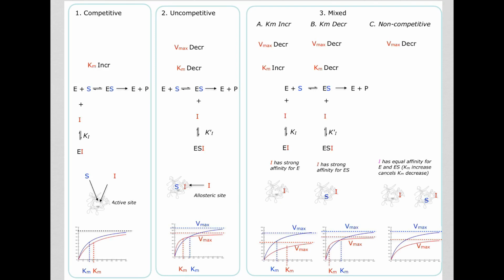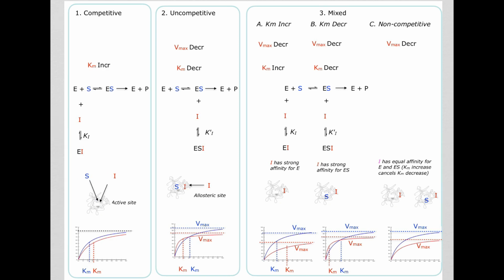Since the inhibitor is competing with the substrate for the active site, this is going to reduce the substrate binding or the substrate affinity to the enzyme, and that is going to lead to an increased Km in the presence of the inhibitor. And we see in the Michaelis-Menten plot, in the presence of inhibitor, the Km is increased.